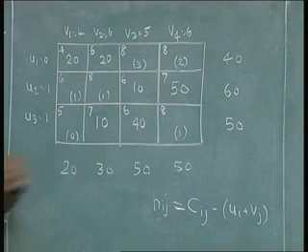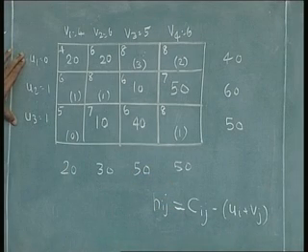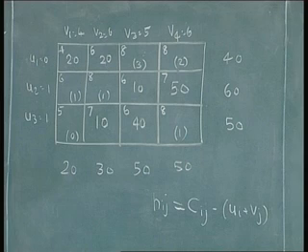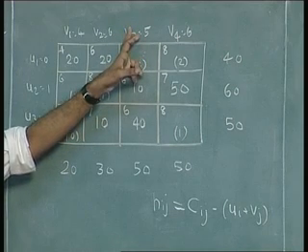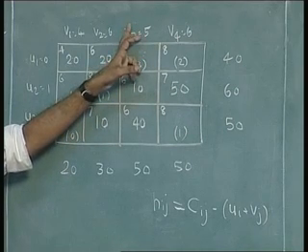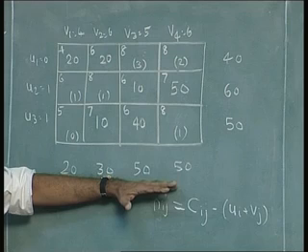In such a situation, the Ui's will represent the money that the person will be willing to pay to buy, and Vj's will represent the amount for which he will be willing to sell it at the destination points.